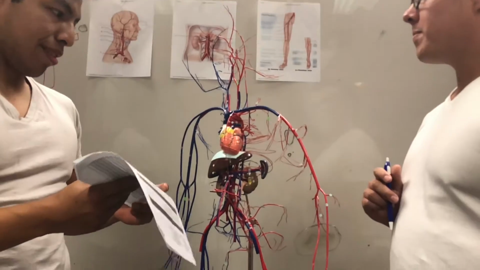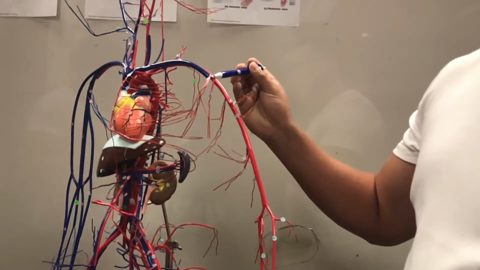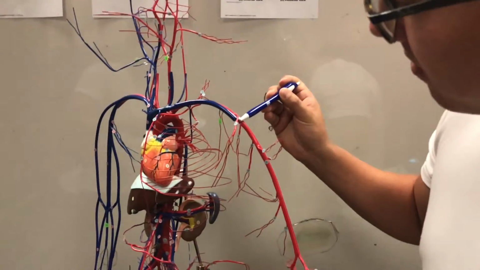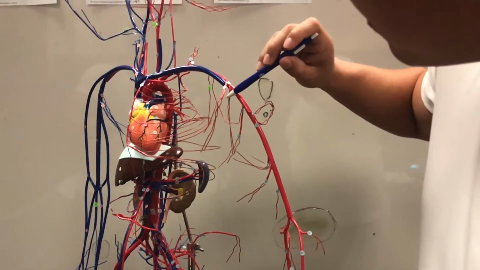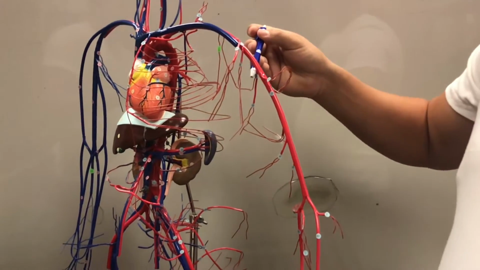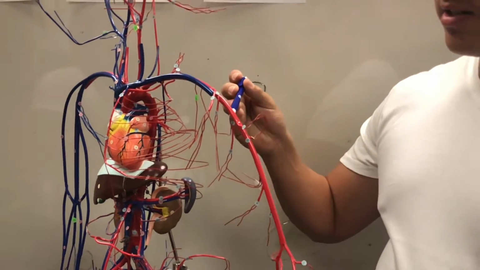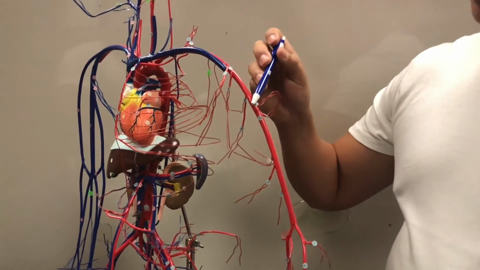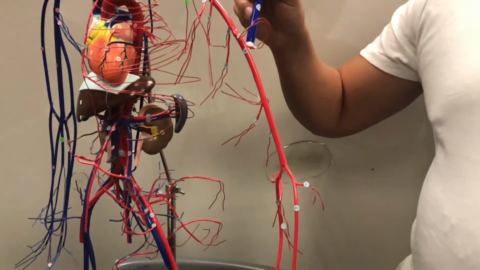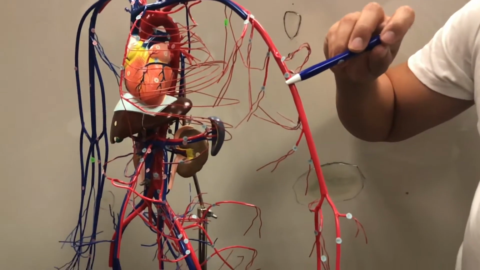All right, upper limb vessels. The axillary artery. All right, the lateral thoracic artery, right here. Yep. Subscapular artery, right here. The anterior circumflex humeral artery. The posterior circumflex humeral artery. Now the brachial artery. Now the profunda brachii artery.